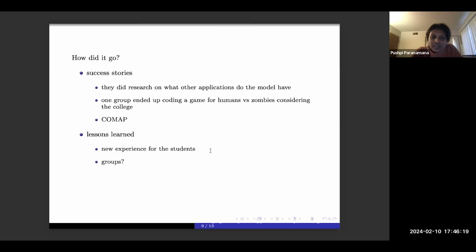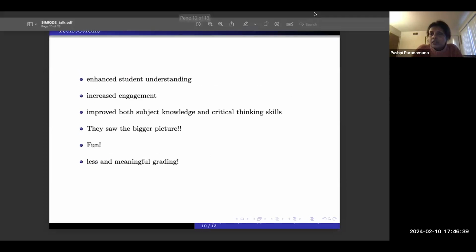And groups, assigning groups. There are different students with different group dynamics, so you might have to be cognizant about how you assign groups.